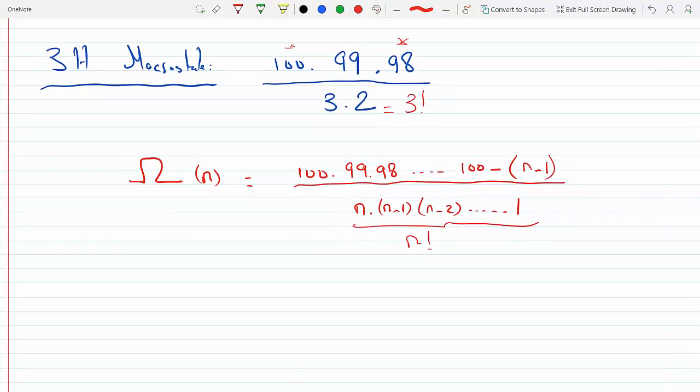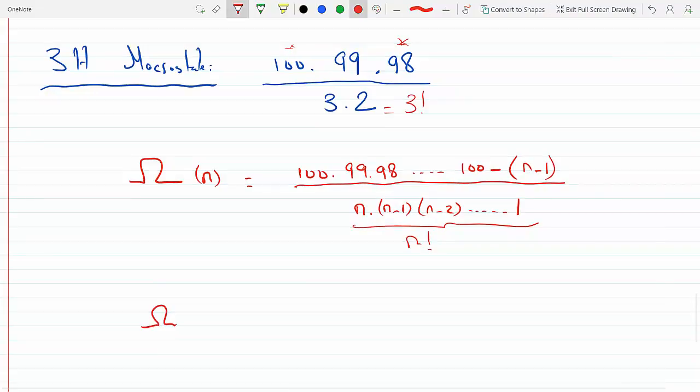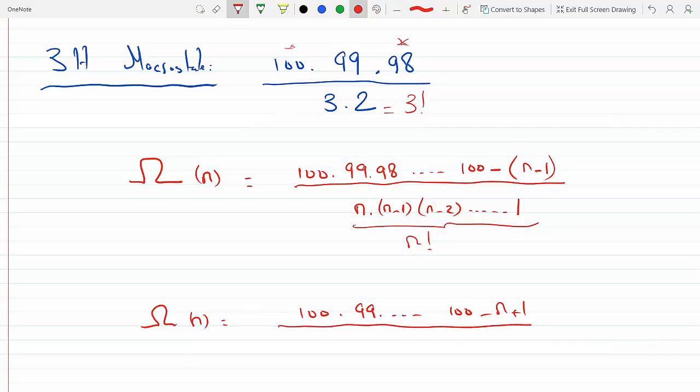Okay, if I briefly simplify this, I can get psi n to equal 100 times 99, all the way to 100 minus n plus 1, all over n factorial.